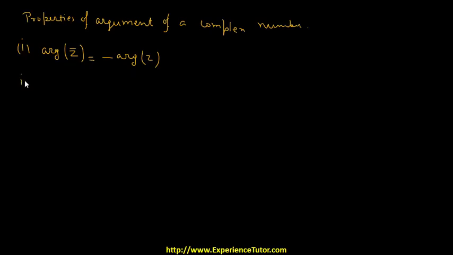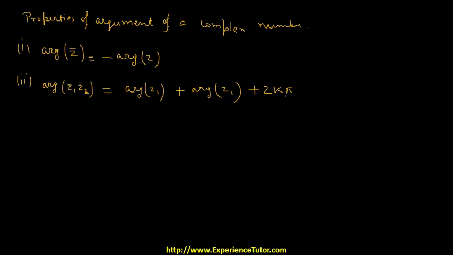Second property is argument of z1 z2 is equal to argument of z1 plus argument of z2 plus 2k pi, where k is equal to 0, 1 or minus 1.